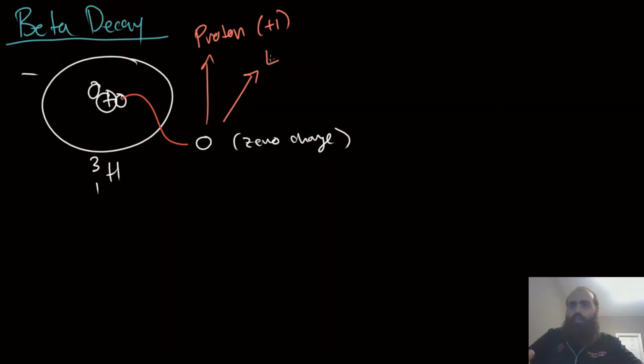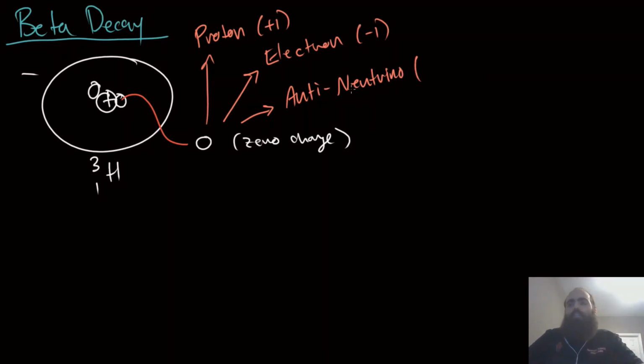Part of it is going to become an electron, which is negatively charged, and part of it is going to become what's called an anti-neutrino, which is another kind of particle that has no charge. So basically, that neutron becomes a proton, electron, and an anti-neutrino. That is what happens with a beta decay.